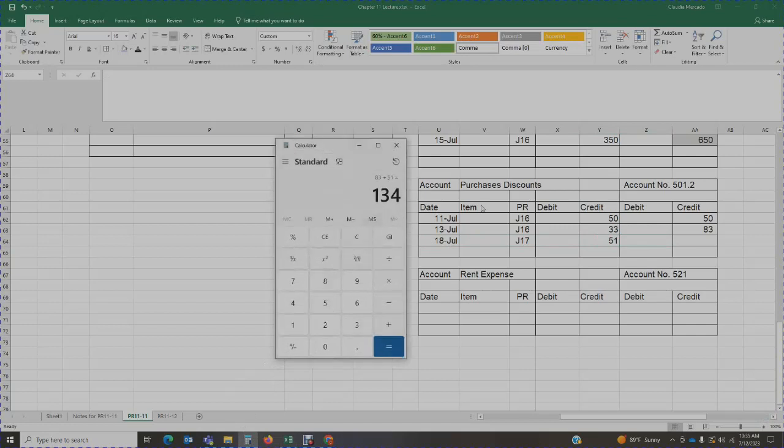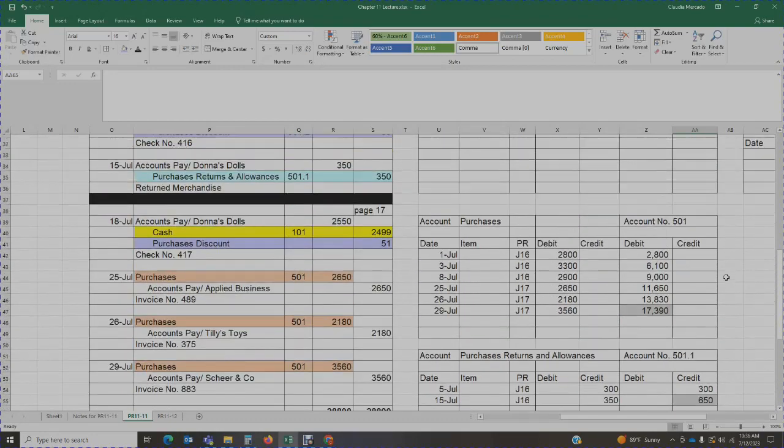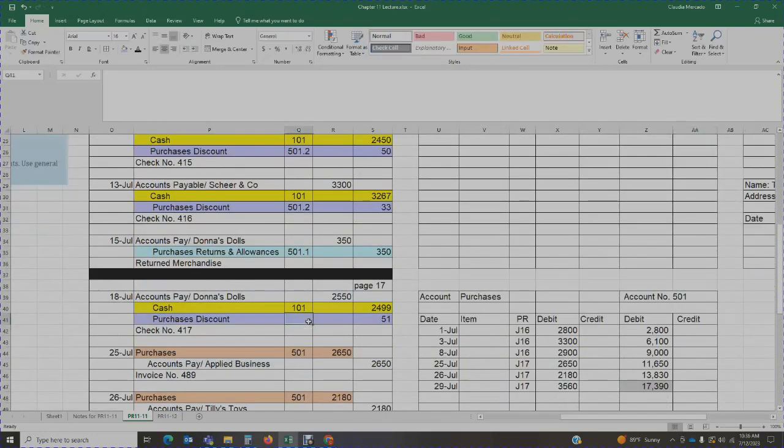That's going to give me a credit balance of $134. That is how much in discounts we have taken advantage of by paying early to our suppliers. We pay them early, we get a discount. So that handles that entry, and then I'm going to go back and enter 501.2.